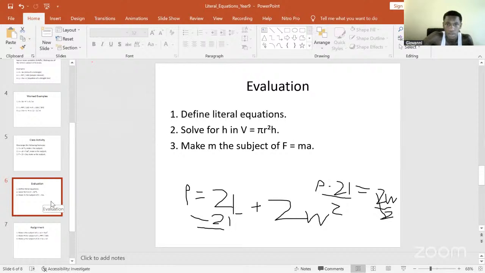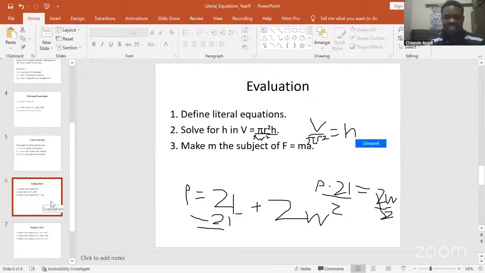I divide both sides by pi r squared, so h equals... 8. Correct. And question 3, can you tell me what your answer is?